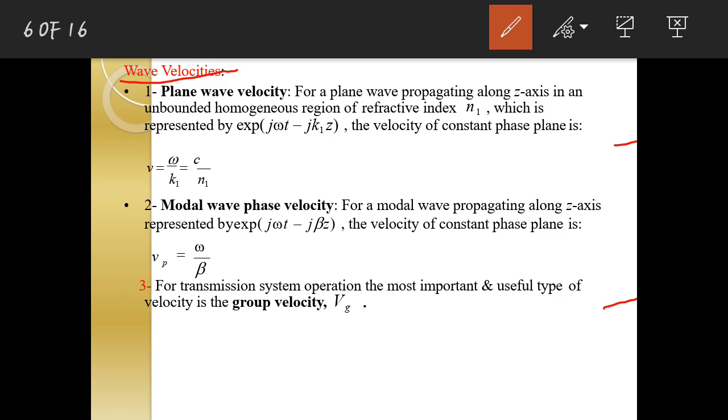If it is for a plane waveguide, it is in Cartesian coordinates, therefore the wave velocity is omega by k1, which is c by n1. This is one formula. If it is a cylindrical modal wave, the phase velocity is represented as omega by beta. Beta is called the propagation constant.